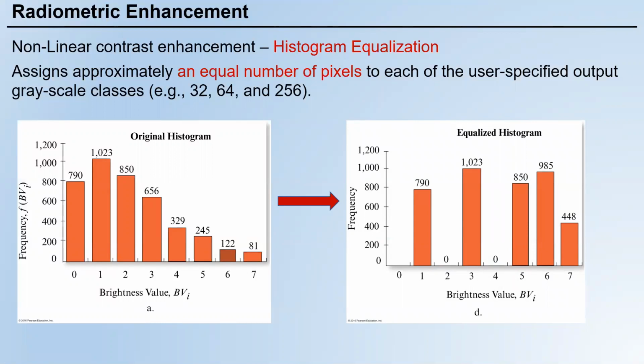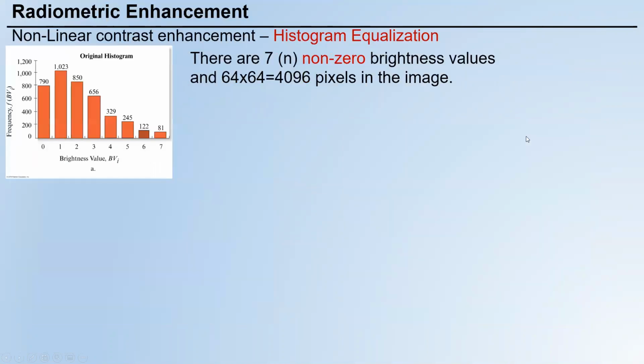Let me show you how to do this. Here we only have a red arrow, but what happened within this red arrow to transfer the original histogram to this equalized histogram? Here is how you do it. Here is the original histogram. There are 7 non-zero brightness values in this image, from 1 to 7.